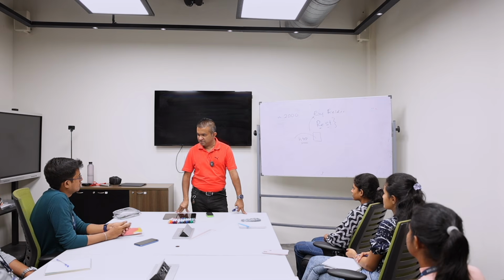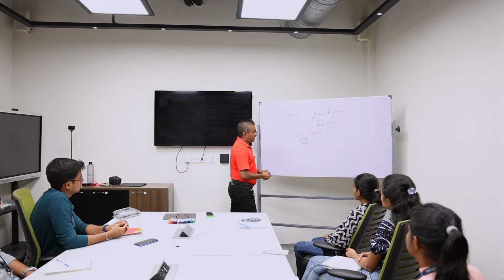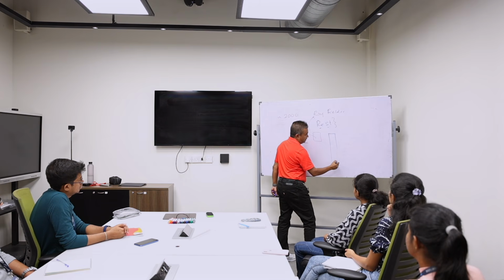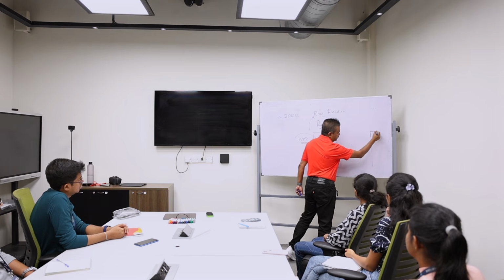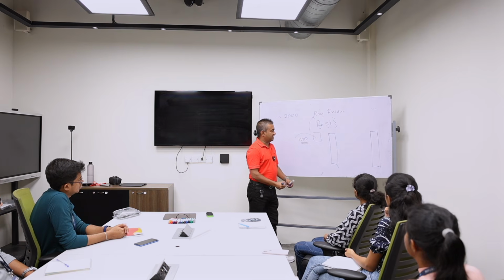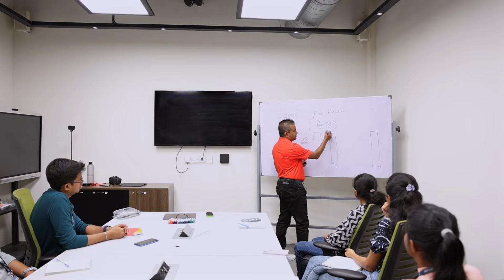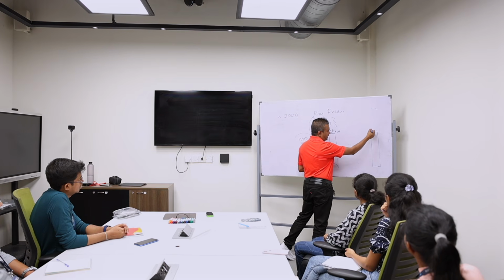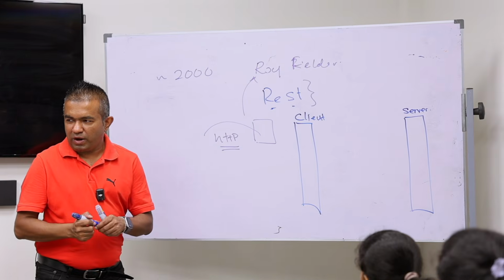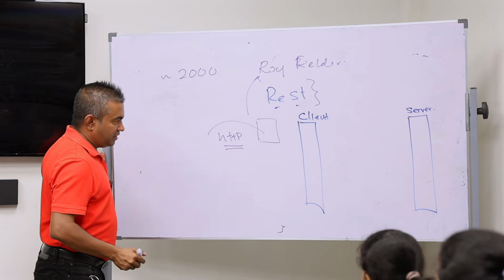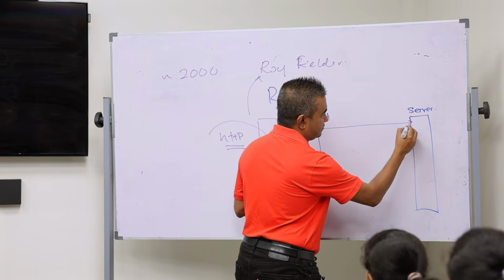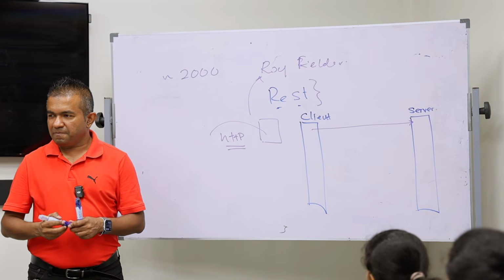Now you are the caller, I am the receiver. So how HTTP works is like that. If this person is initiating the request, it becomes the client, and then this becomes the server. What happens is initially the client sends a hello.